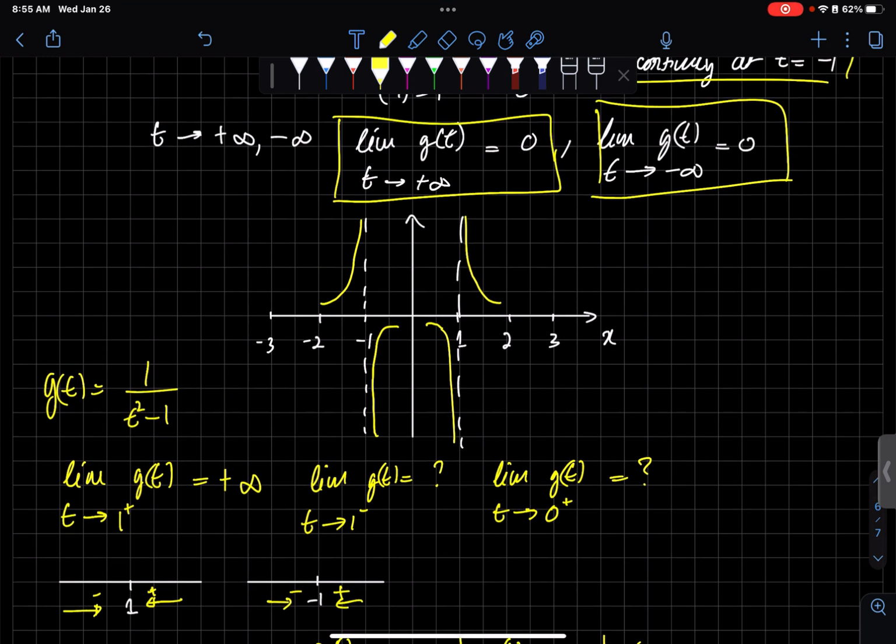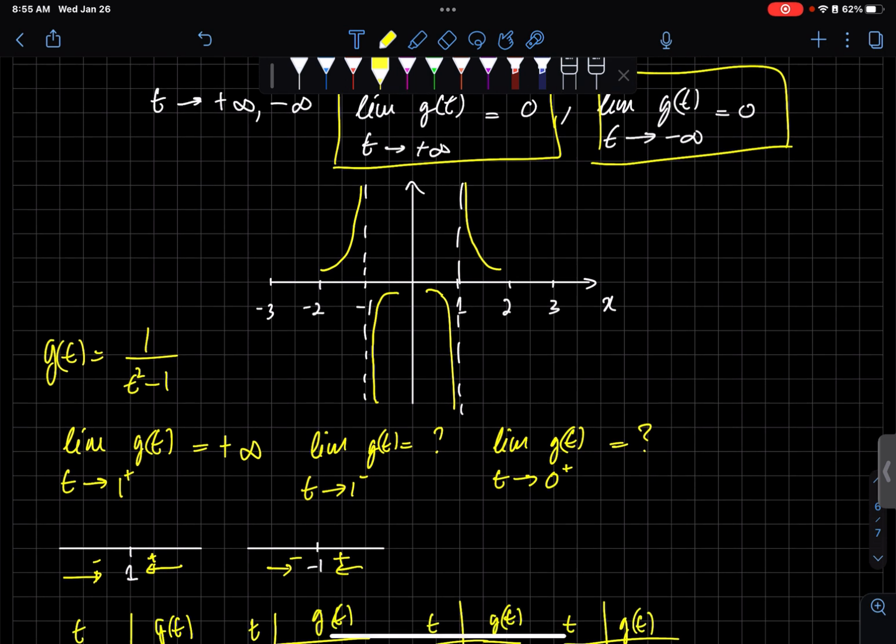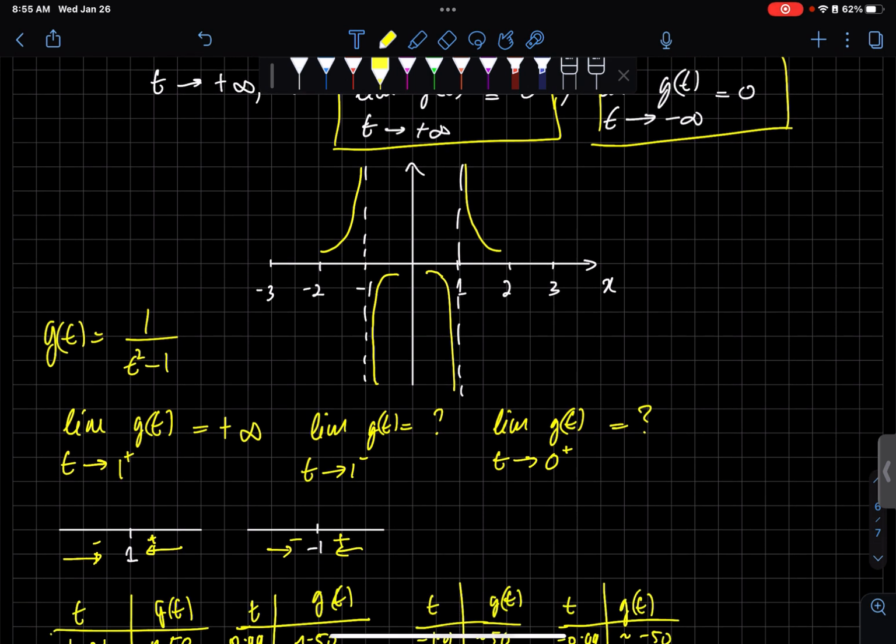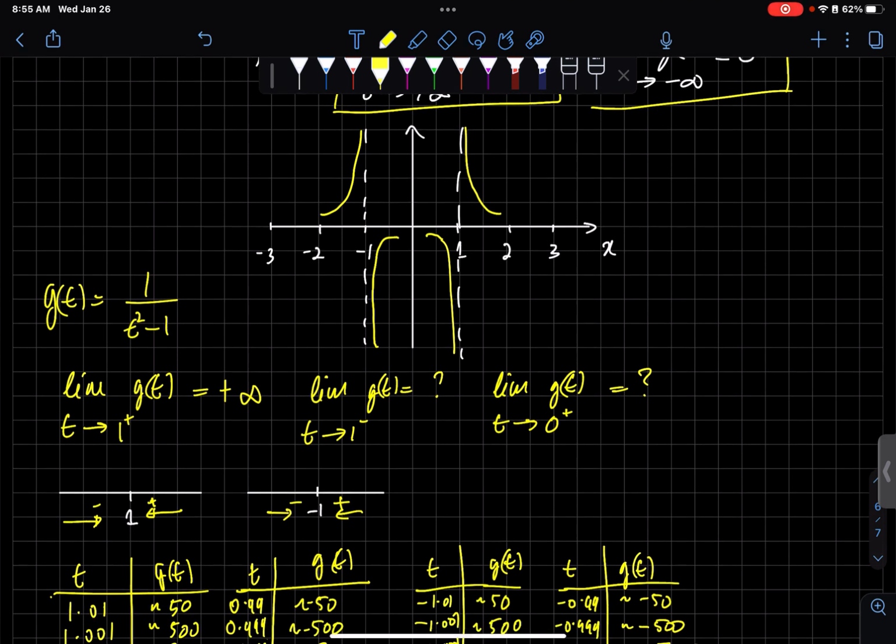Can we just plug in 0 here? Nothing will break if you plug in t equals 0. So if t equals 0, g of 0 is just 1 over -1, which is -1.